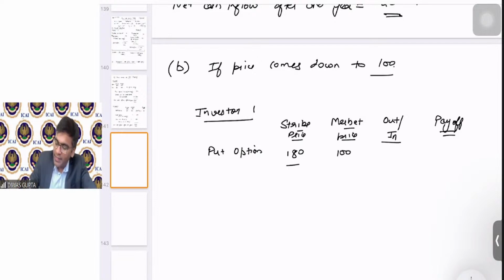So if 180 is the strike price, 100 is the market price, it is definitely in the money, students. And the payoff is 80 rupees. 180 minus 100.